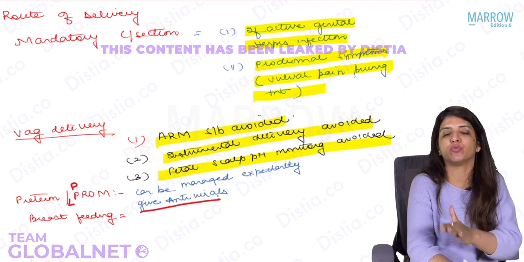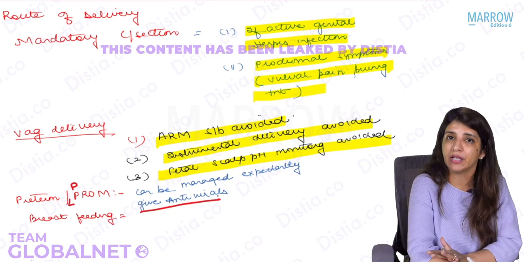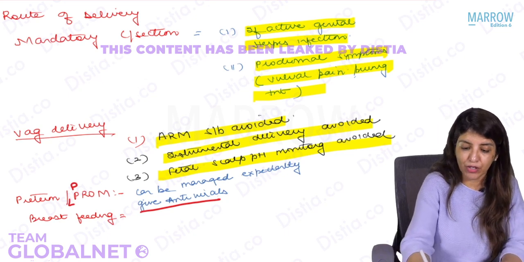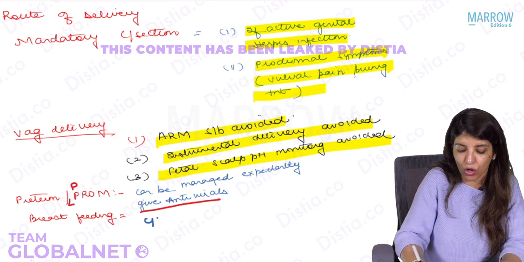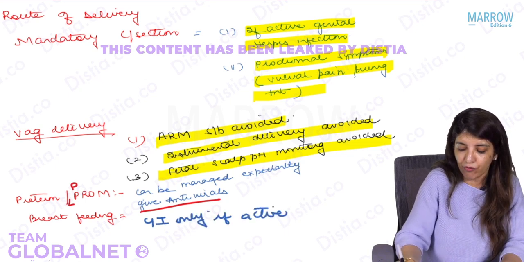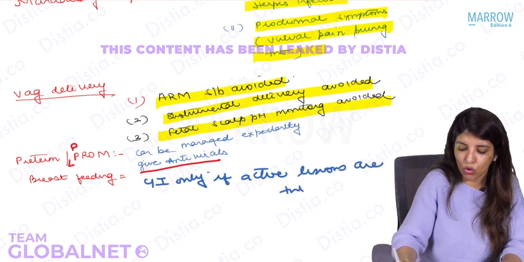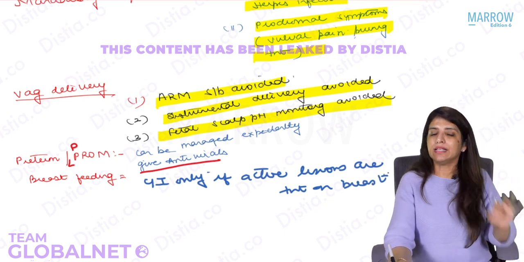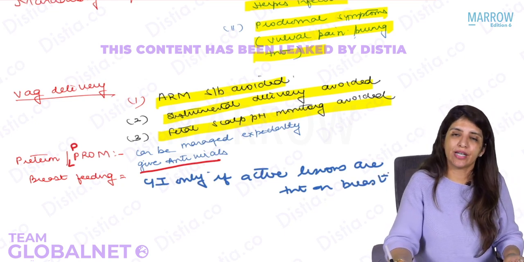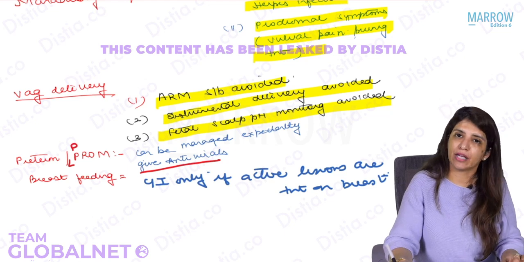As far as breastfeeding is concerned, breastfeeding is contraindicated only if active lesions are present on the breast. Only in that condition is breastfeeding contraindicated, otherwise breastfeeding can be continued.